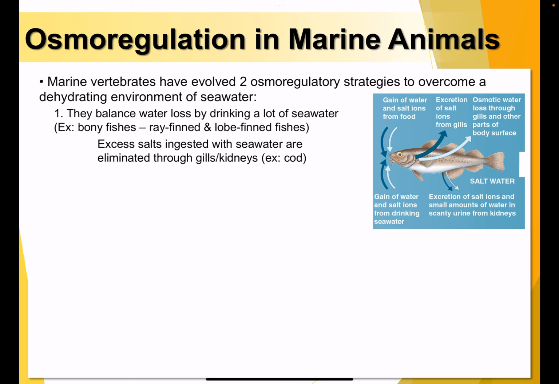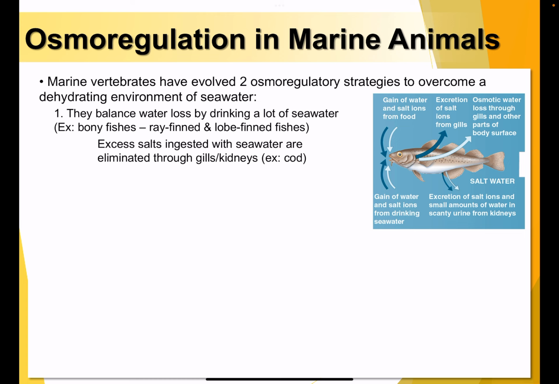Fishes that do this are bony fishes. Remember, bony fishes, from a previous chapter, are your ray-finned fishes and lobe-finned fishes. They know they have all this excess salt that is ingested when they gulp all the seawater down.